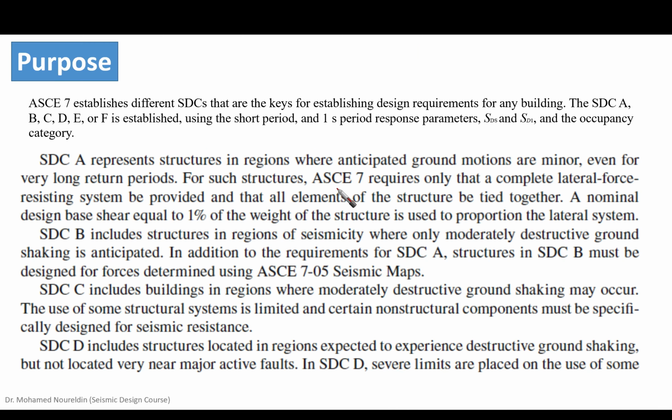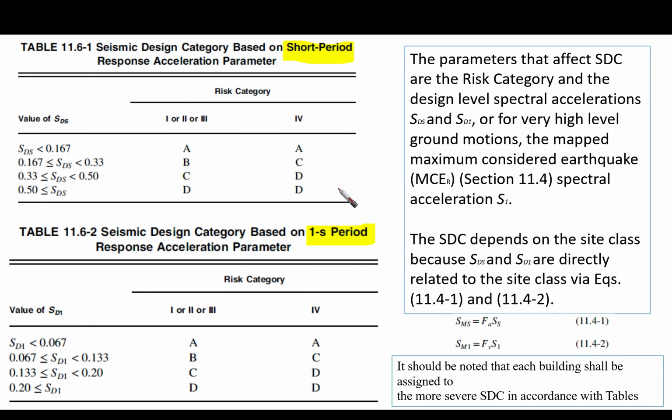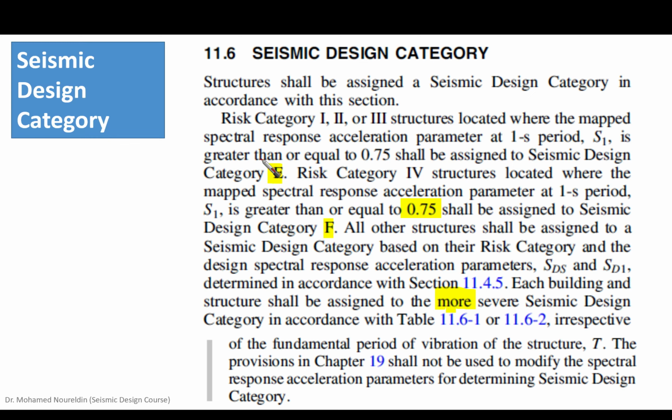Okay, now let's go to the code itself. So here, seismic risk category 1 to 3 structures located where the mapped spectral response acceleration parameter at 1 second period, S1, is greater than or equal to 0.75 shall be assigned to seismic design category E directly.